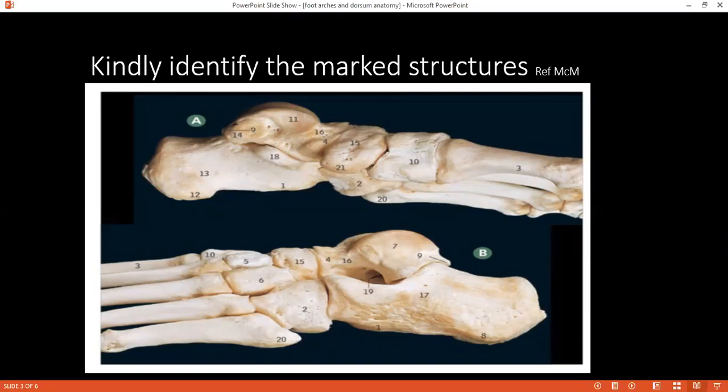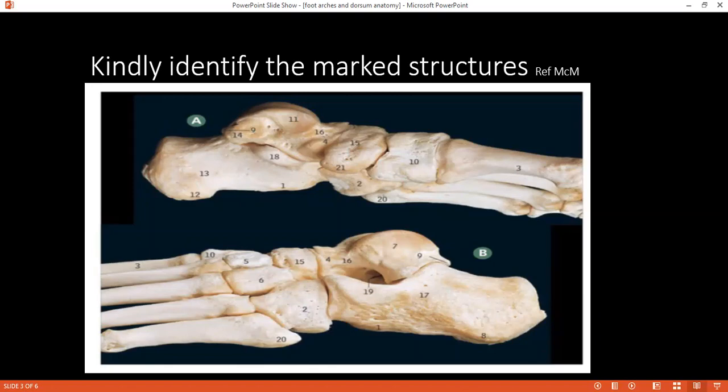Okay. What bones form the foot? There are 7 tarsal bones, then 5 metatarsals and phalanges. Yes. The tarsals are calcaneum, talus, cuneiform, navicular, and cuboid.